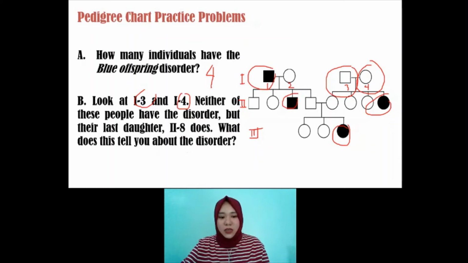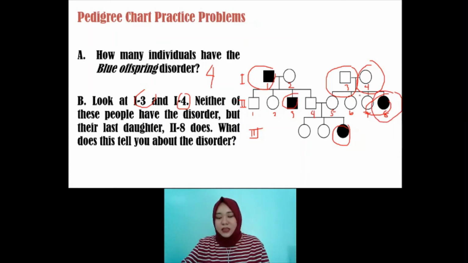What does this tell you about the disorder? So this is 1, 2, 3, 4, 5, 6, 7, and then 8. Now, 2, 8. Their last daughter, 2, 8, has the blue offspring disorder.